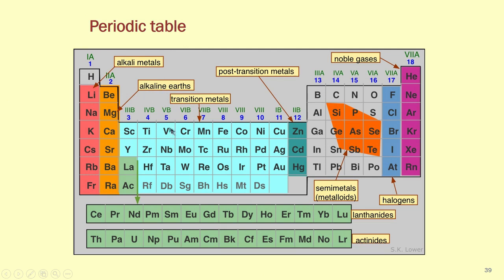So, the modern periodic table as it looks now is based on atomic number, where the atomic number keeps on increasing by 1 unit: hydrogen 1, helium 2, lithium 3, beryllium 4, like that. This is the current modern periodic table.